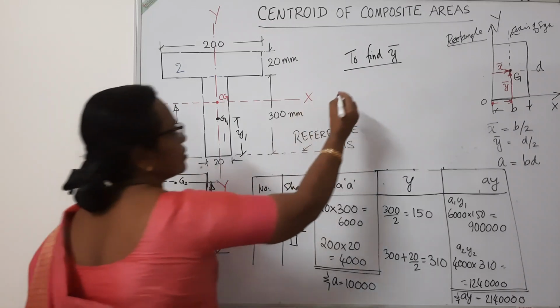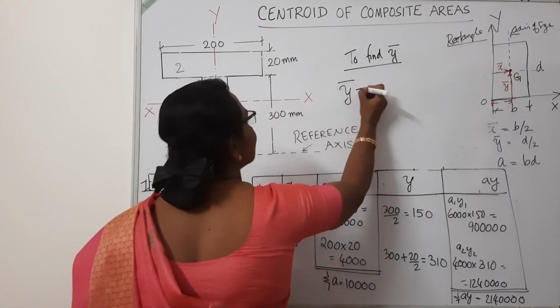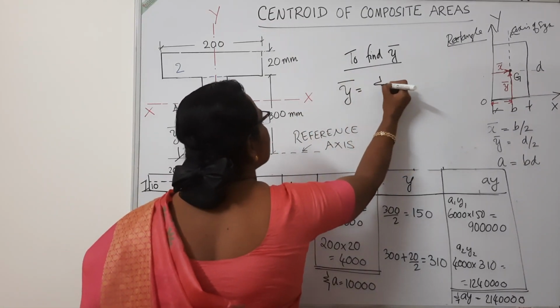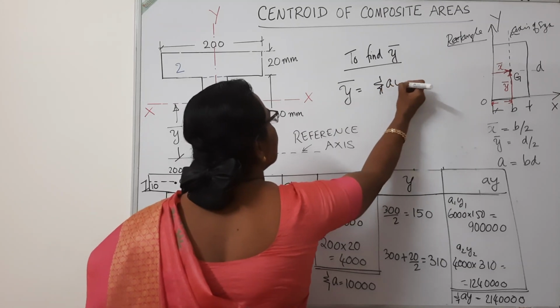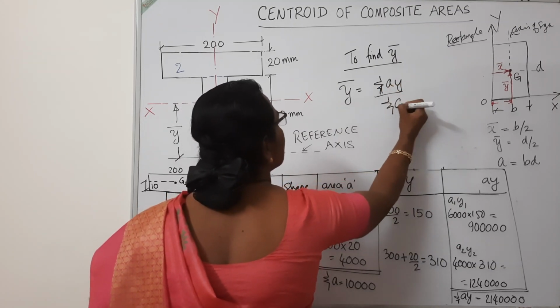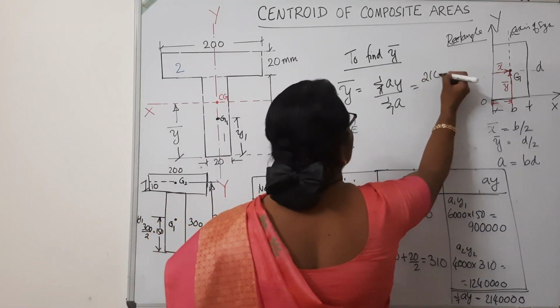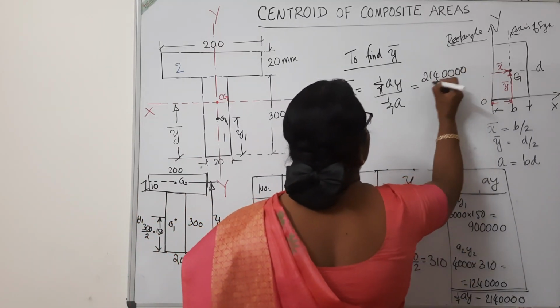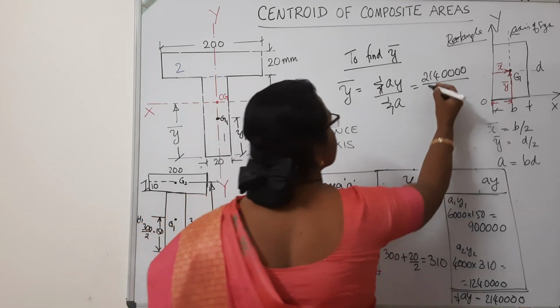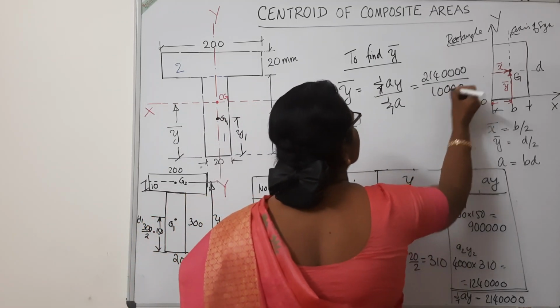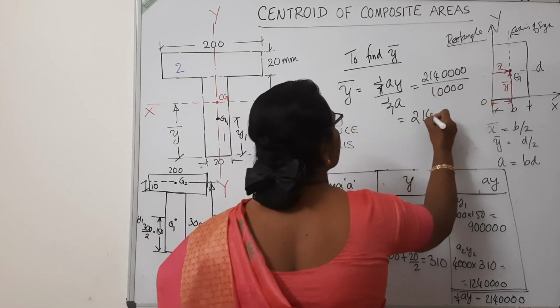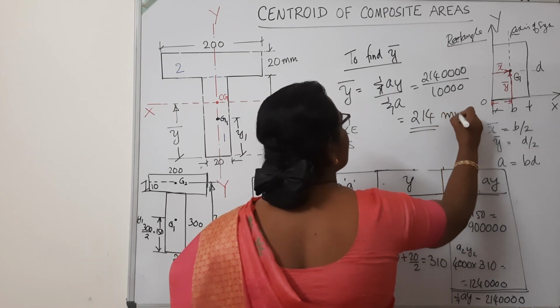Now our answer y bar is nothing but sigma AY divided by sigma A. It works out to 214 millimeter.